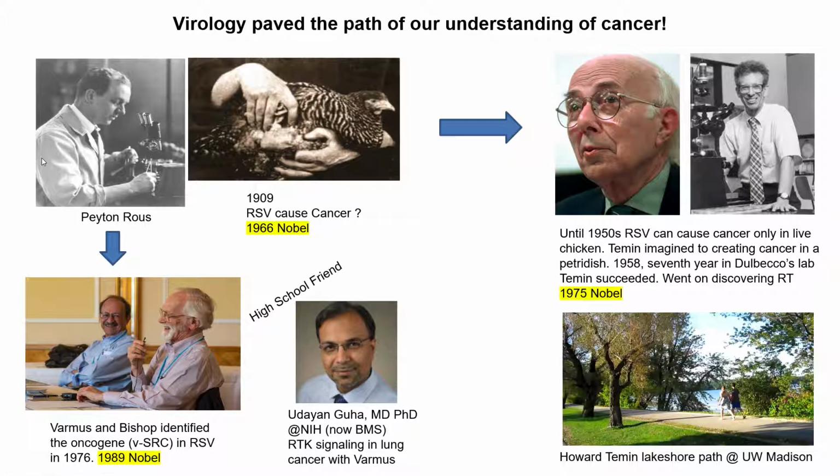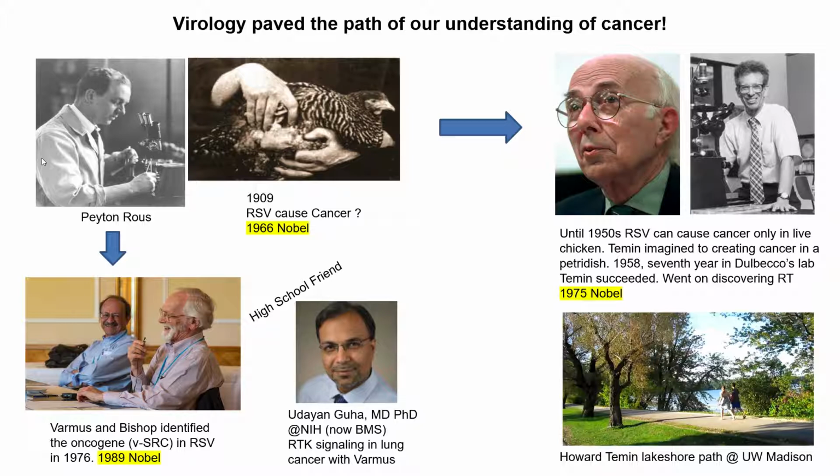He was working with Harold Varmus in the early 2000s on receptor tyrosine kinase signaling in lung cancer. So think about that: in the 1970s Varmus was discovering oncogenes, and he's still doing exactly the same thing.